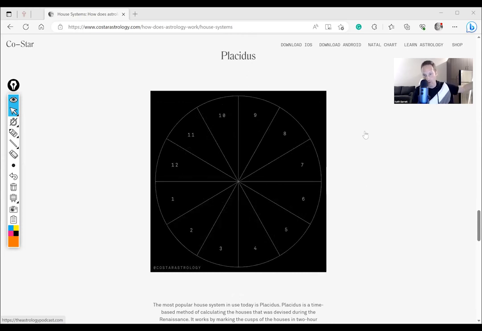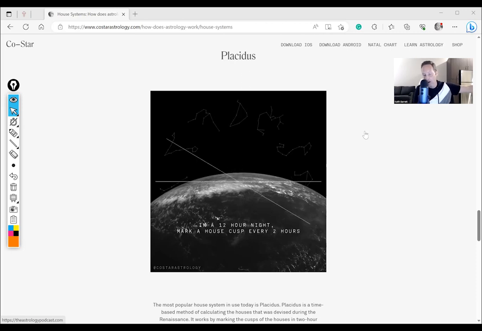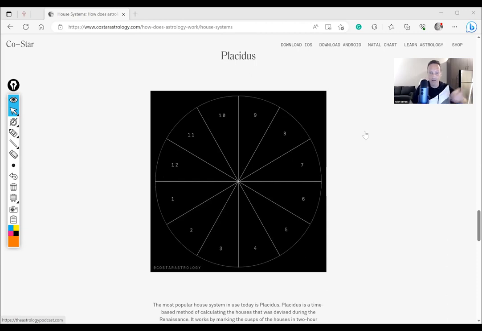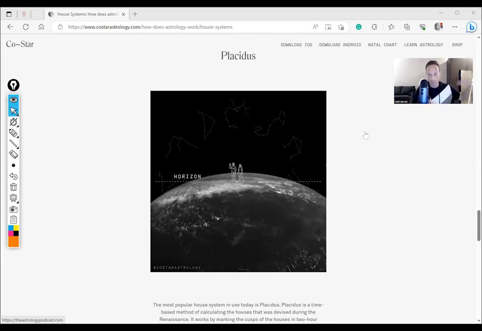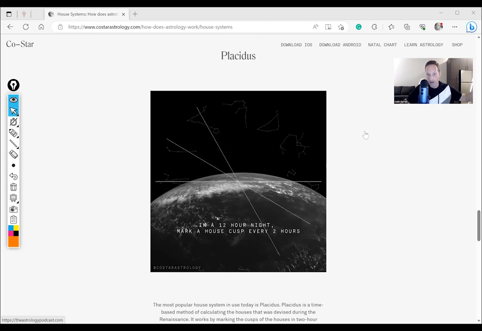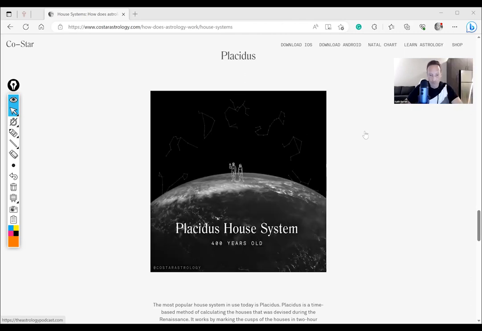So again, if we started at the ascendant, in that example that I used with Leo on the ascendant, and whatever degree Leo was at on the ascendant, it would start marking the house cusps according to where that degree falls every 2 hours. So every cusp would be marked every 2 hours.